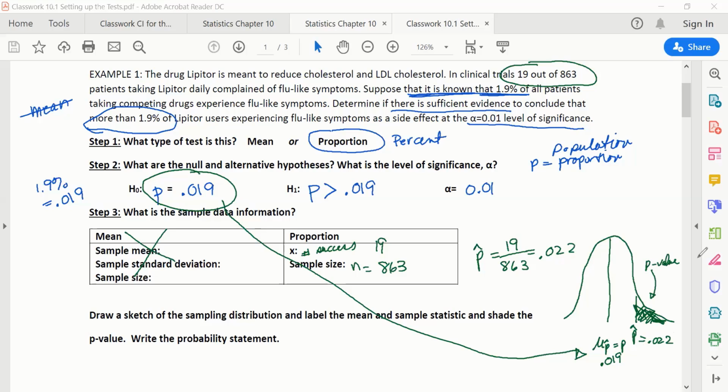So that's where I want you to stop, except for the one part that says the probability that our p hat is greater than or equal to 0.022 is going to be equal to our p-value. And we want that to be less than 0.01, our alpha.